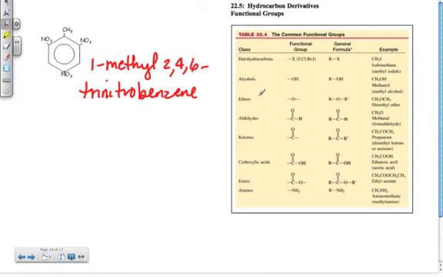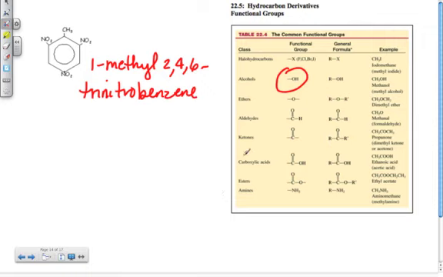Okay. Most of these should be a review. The common functional groups: halocarbons, chloro, fluoro, bromo, iodo; alcohols, an OH on the end of the carbon; ethers, an O in the middle. The difference between aldehydes and ketones: aldehydes have the double bonded oxygen on the end carbon, ketones have the double bonded oxygen on an interior carbon.